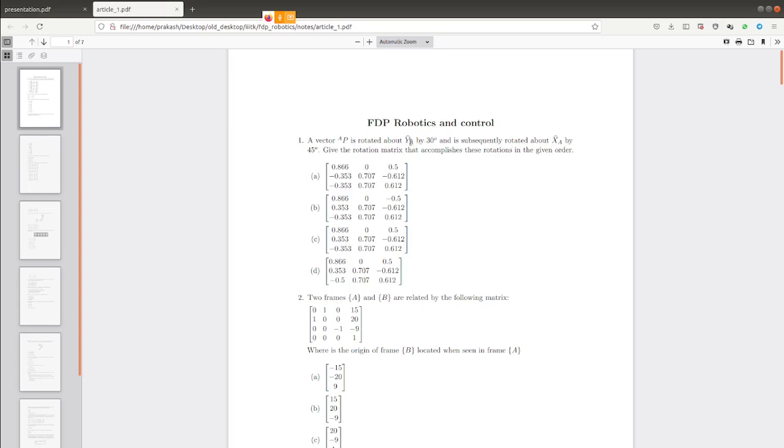First I have rotated with respect to the y-axis, and then I have rotated about the x-axis. So the sequence is important. What you need to do is calculate the rotation matrix for this operation. With respect to the y-axis we have done a rotation, right? Let me open the book as well.